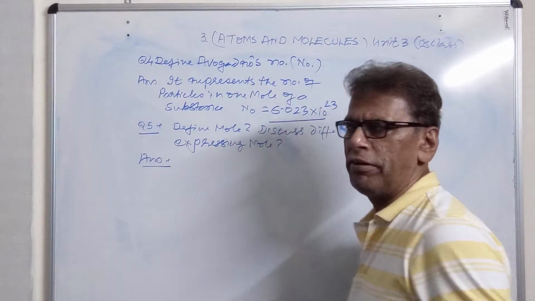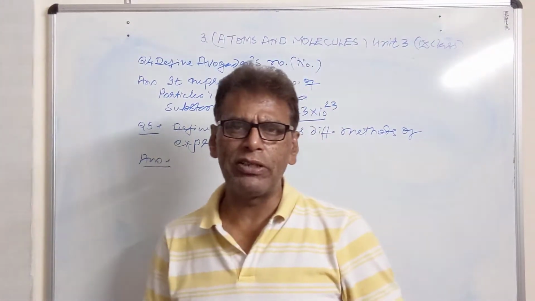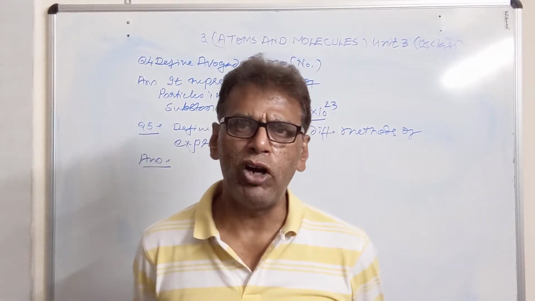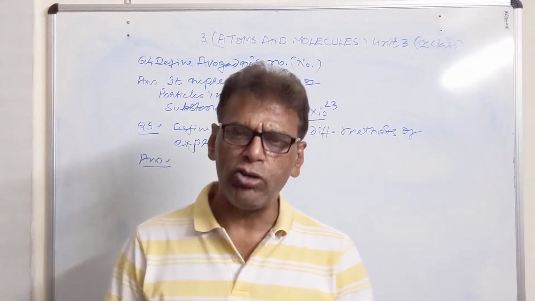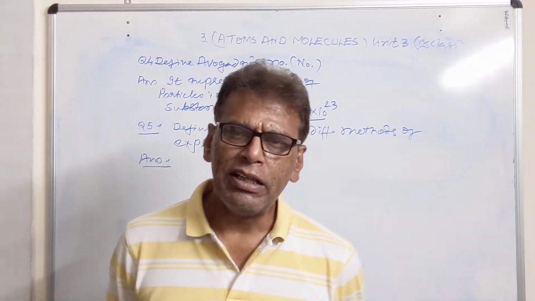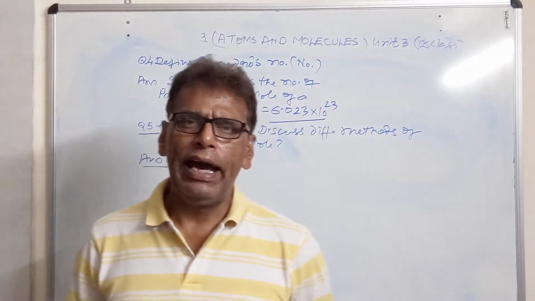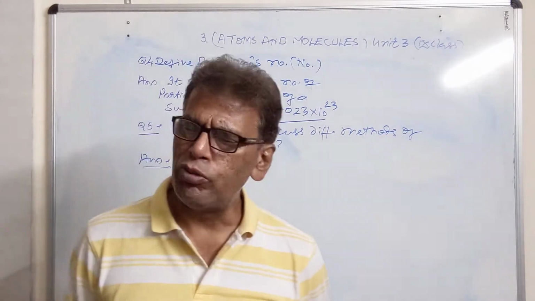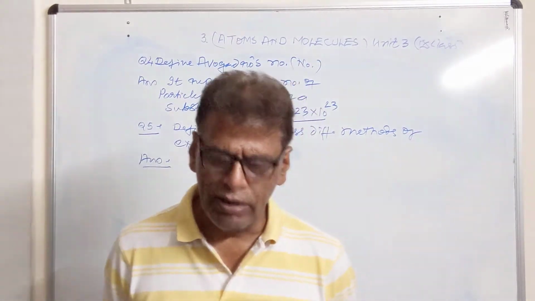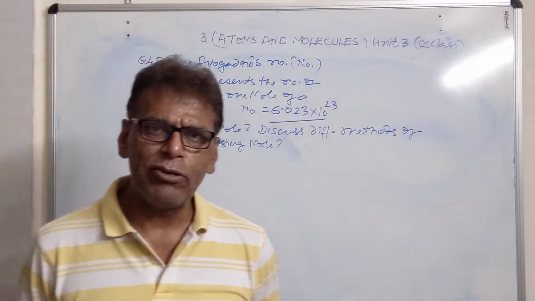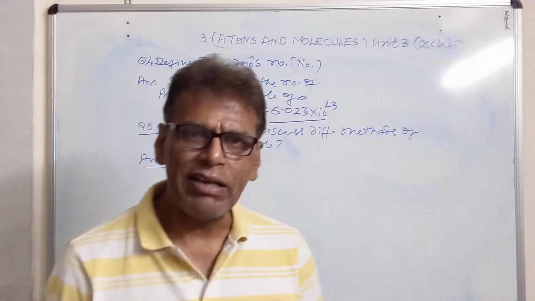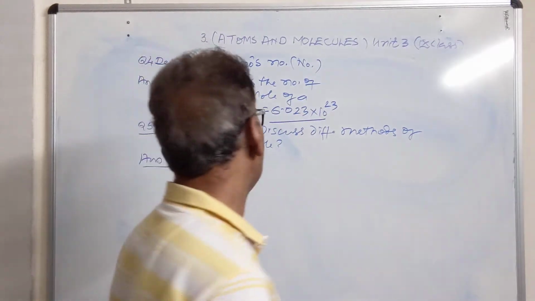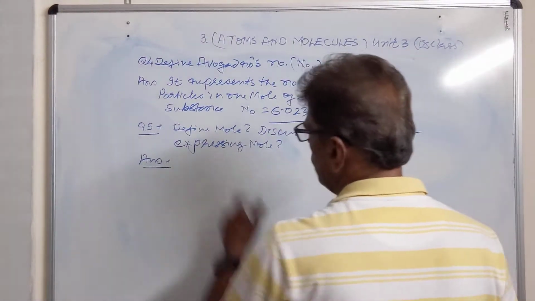Mole is a unit which is used to deal with small sized atoms, ions and molecules. Since atoms, ions and molecules are too small to be seen with the naked eyes, too light to be weighed, and too small to be experimented with as a single particle, scientists decided to introduce some big concept which should deal with the particles in bulk. That concept, that unit, was mole.